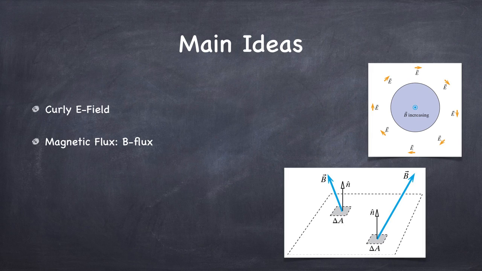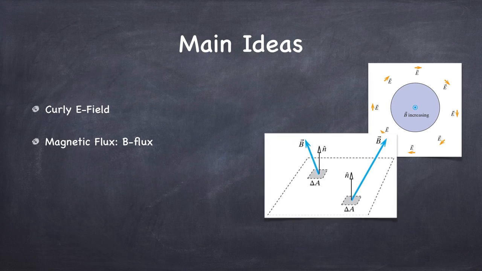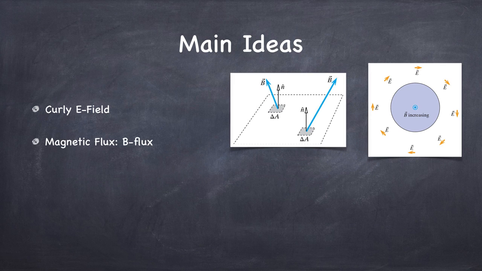And then you add up the flux through each of those little patches, and you get the flux through the entire surface. So the mechanics of doing that are very similar to calculating electric flux, which we already know how to do from Gauss's law.